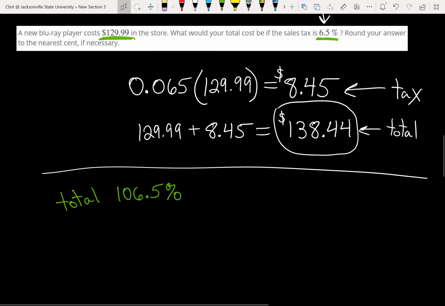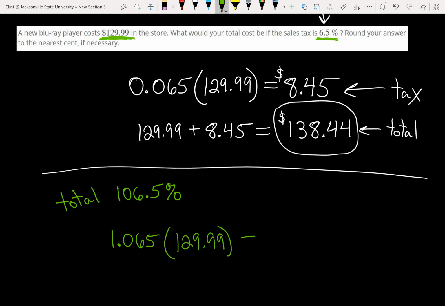So a little shorter way of doing this problem is we can do 1.065 times 129.99, which is the selling price. If we do 1.065 times 129.99, we get 138.43935.